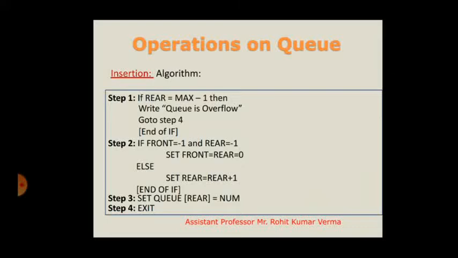Our first condition is when the queue is overflow, and the second condition is when the queue is underflow. So always remember, in case of insertion, whenever you find the condition rear is equal to maximum minus 1, this means that your rear points to the last location of the queue, and that is full.